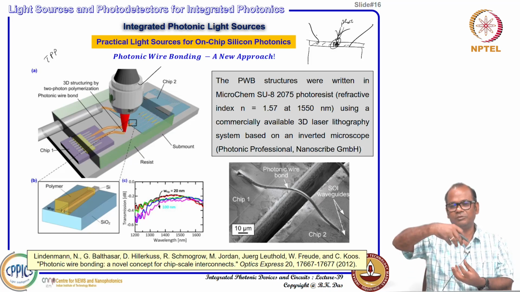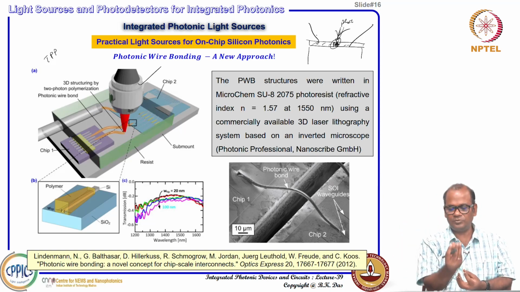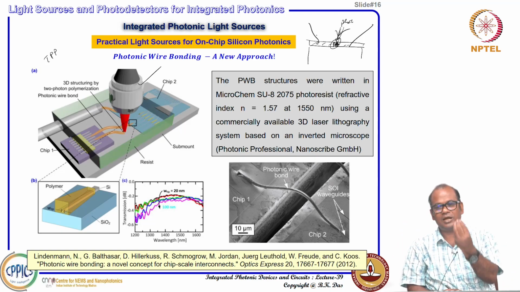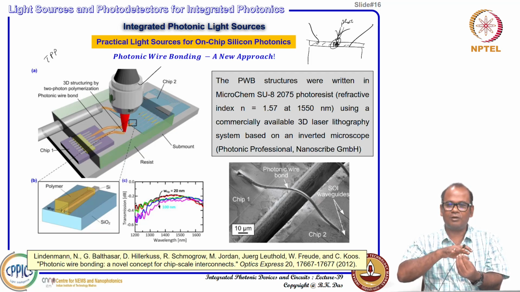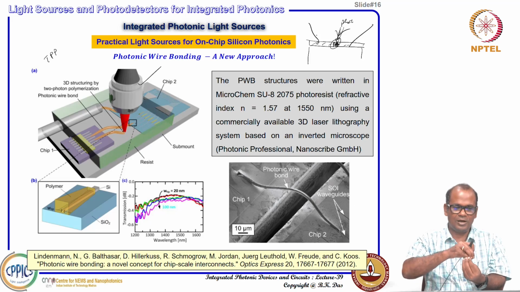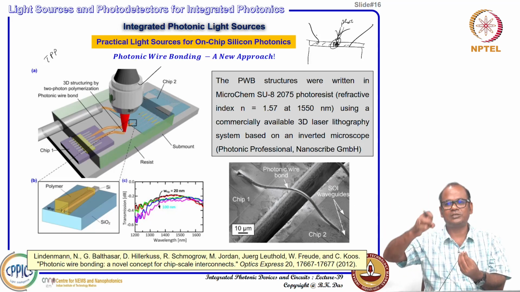It is a focused laser beam using an inverted microscope. A microscope is there, an objective is there, you are tightly focusing the laser source, and because of the 2-photon polymerization you can modify the polymer. Now, you can control that beam spot by computer programming, and it can be 3-dimensional, so you can define your structure.